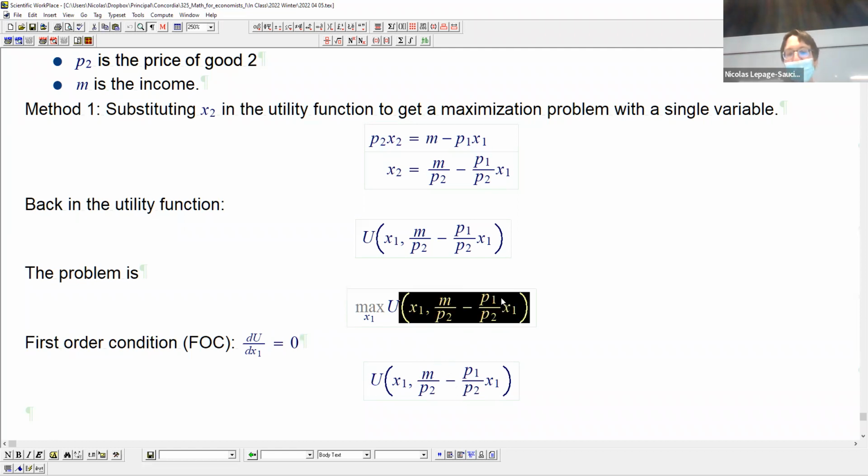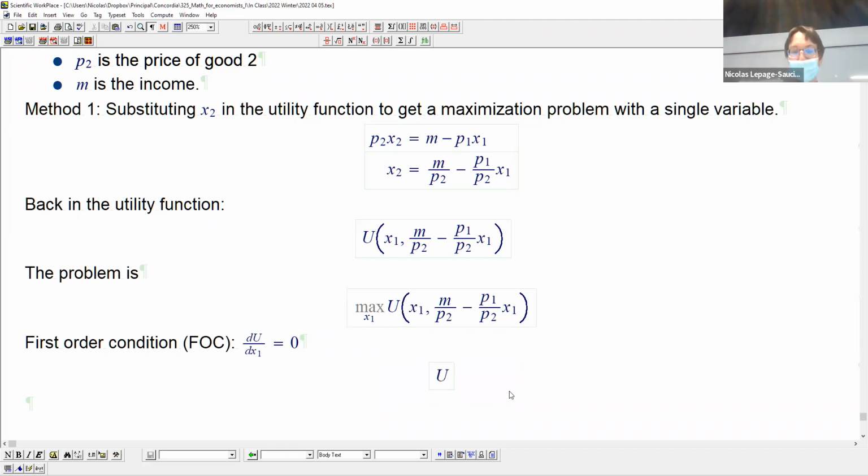So this loss of good two is going to be reflected there, right? I'm not going to write all the arguments, but it's always there. So first of all, it's my first derivative with respect to x1. Let's write it this way. So u1 is simply the derivative with respect to the first argument of u, right?